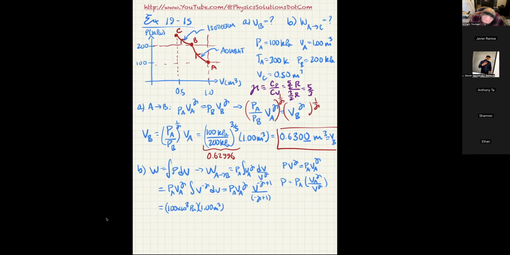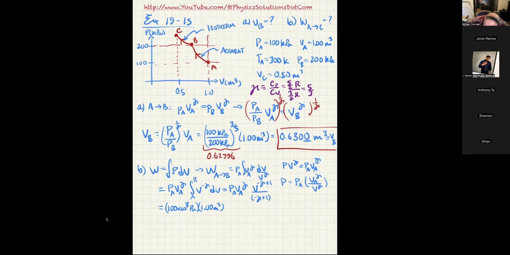And now I'm going to evaluate V to the negative gamma plus 1 at the two end positions, A and B, because that's where we're actually going.